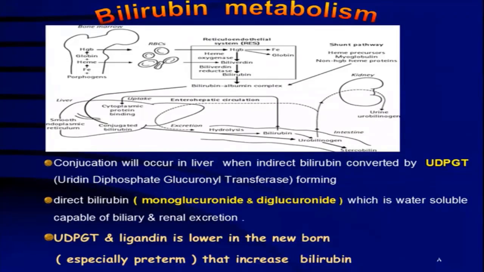Inside the hepatocyte in the liver, conjugation will occur when indirect bilirubin is converted by uridine diphosphate glucuronyl transferase. This is the enzyme. It will be converted to monoglucuronide and diglucuronide, which are water soluble and have the ability for biliary and renal excretion.